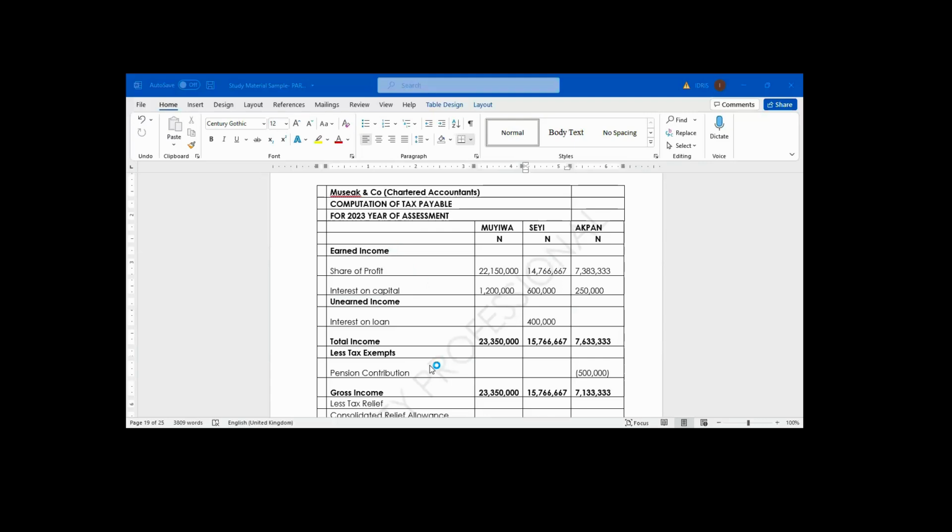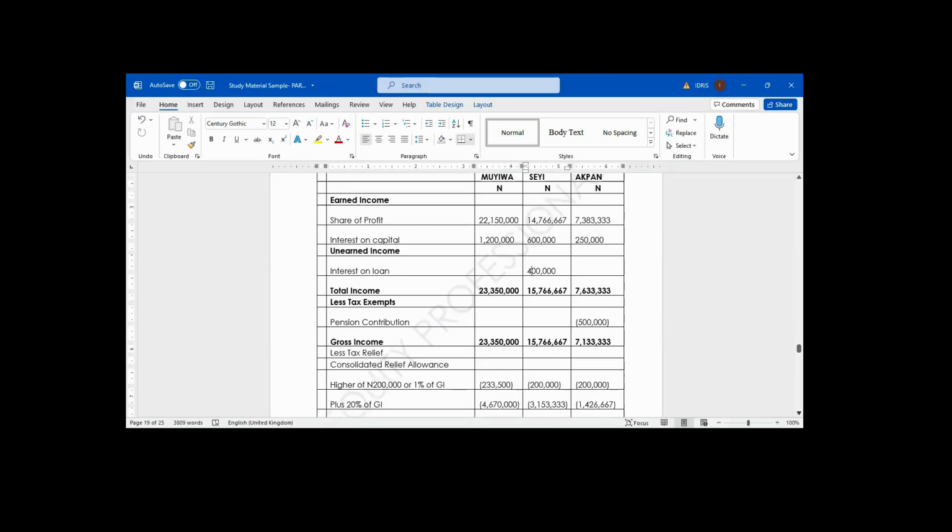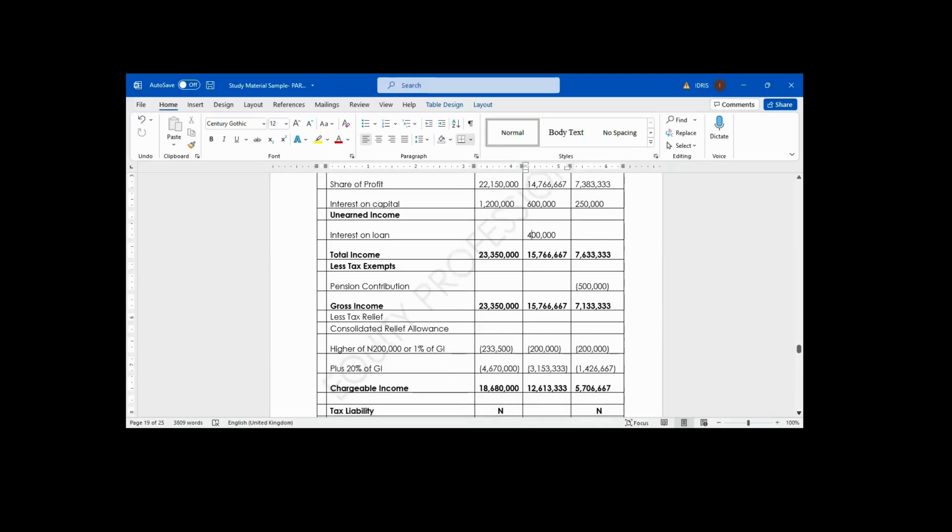After we get our gross income, we can now less tax relief, that is consolidated relief allowance. The way we normally compute our consolidated relief allowance is the higher of 200,000 or 1% of gross income.